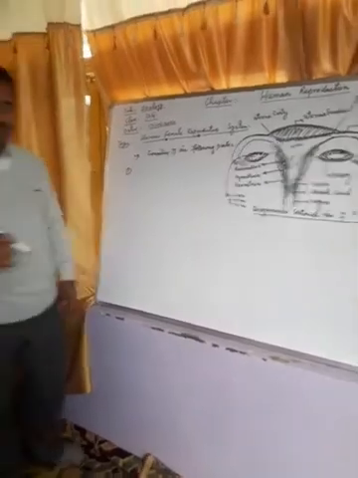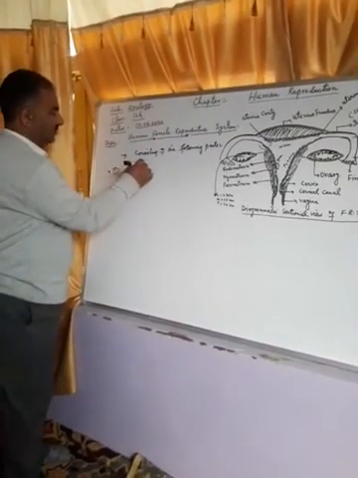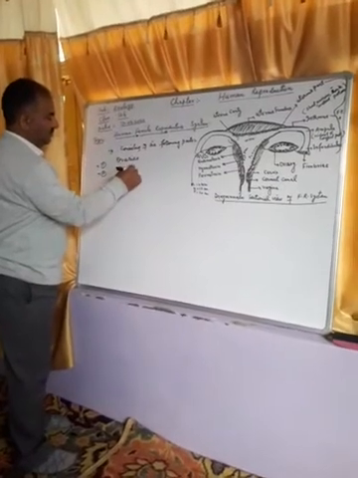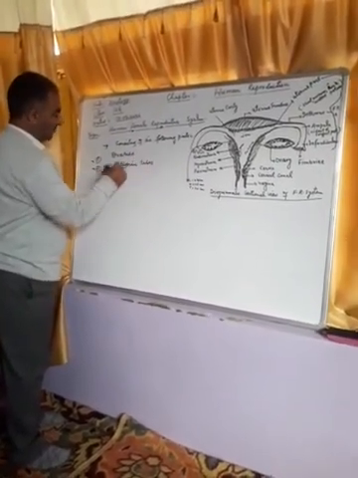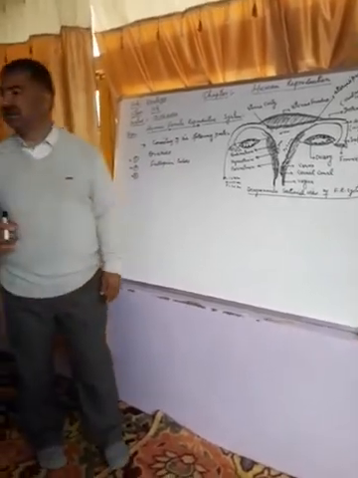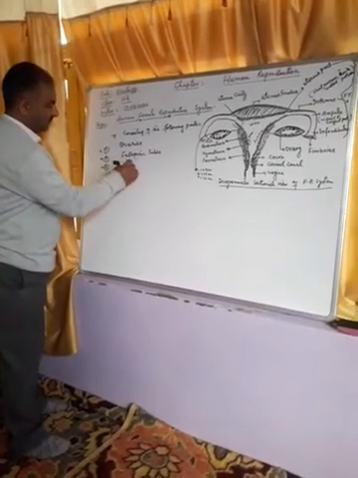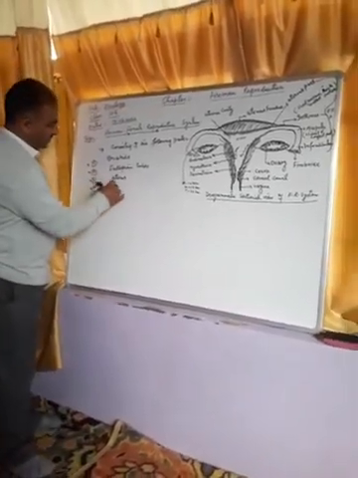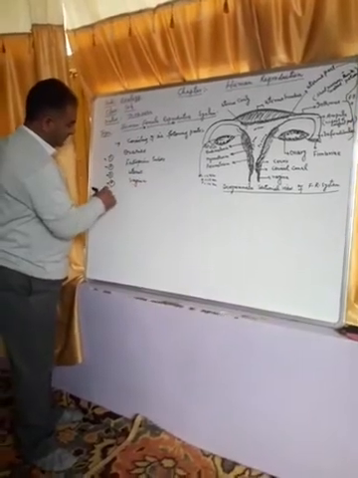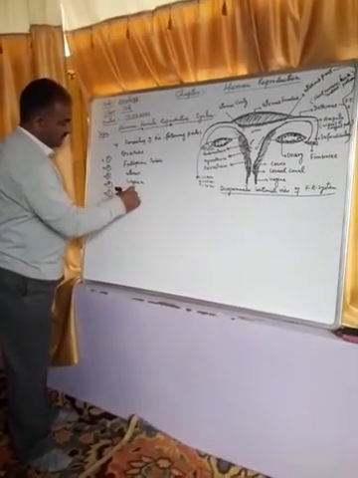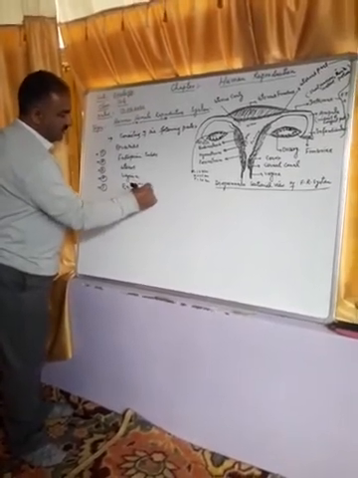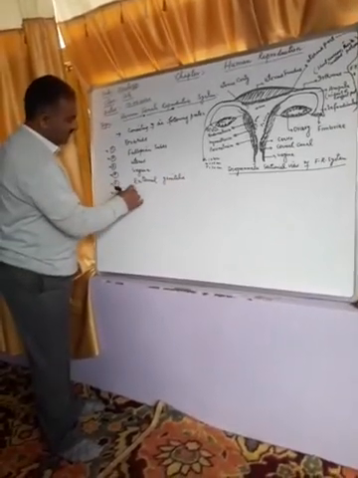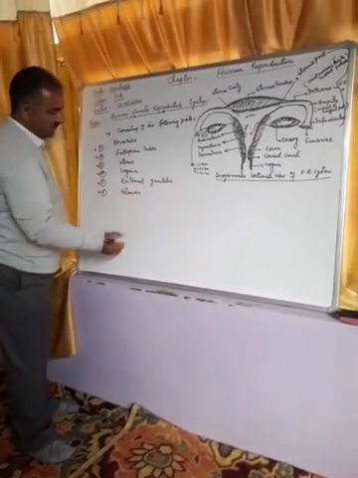These parts include ovaries, fallopian tubes, then there is a uterus, one more part there is a vagina, then there is external genitalia, then there are glands.